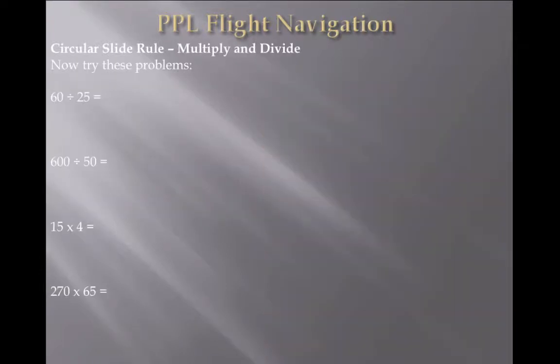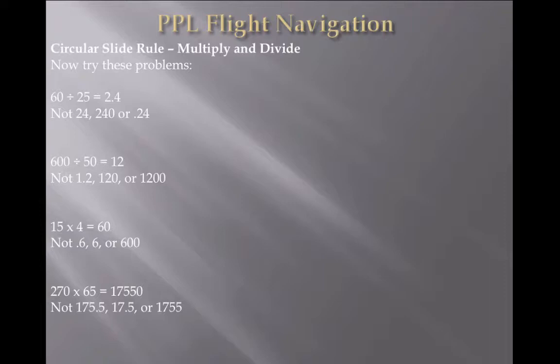So let's have a go at these problems. 60 divided by 25. Now the first thing we want to do is we turn that into a fraction, so 60 over 25, and we align those two pointers. And then once we've done that, move your vision around to find the 10 base pointer and read off the answer.